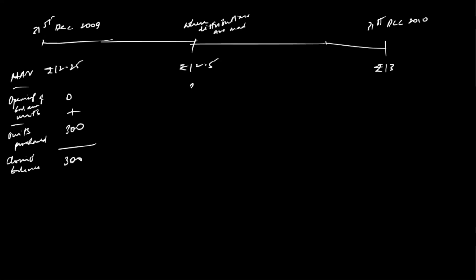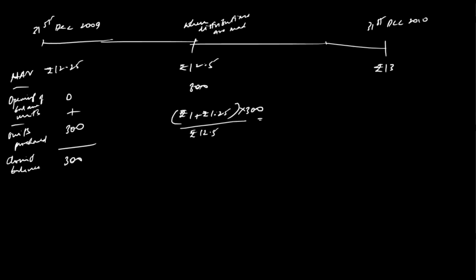What is the opening balance at this stage? It is 300, right? How many units are purchased? So first we have to find out what is the amount that we have received. So it is rupees 1 plus rupees 1.25 into 300, right? This is what we received, okay? And now we are investing back into the same mutual fund at rupees 12.5 per unit. So this total divided by 12.5 is what the additional units purchased will be, right?